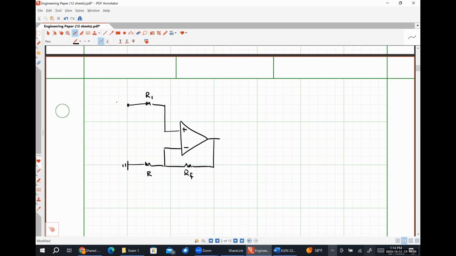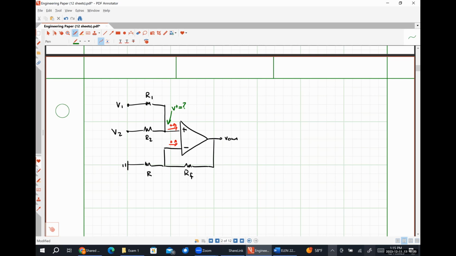Here's R1 and input voltage V1. Here's R2 and input voltage V2. And then over here is my output resistance, like so. So we can see pretty easily, this current is 0 amps. This current is 0 amps. This voltage V plus is going to be more difficult to figure out, right?